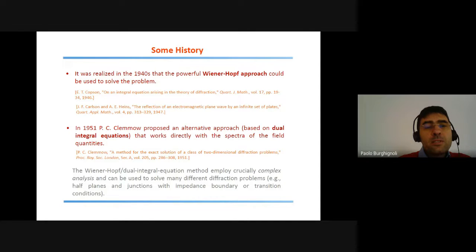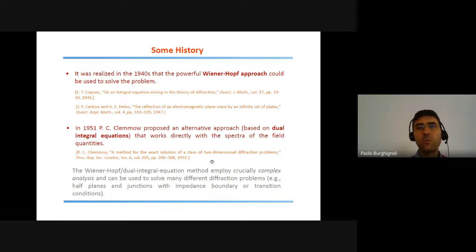And actually, this approach is the one that I will expose at the end of this lesson, and the motivation for introducing the Sommerfeld half plane problem is precisely that of illustrating the Wiener-Hopf approach in its dual integral equation version.